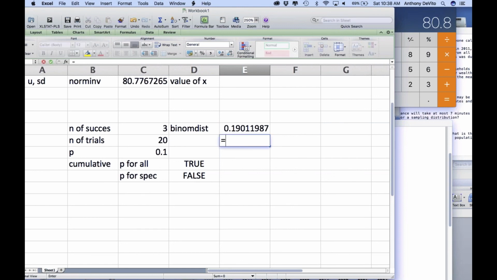Well, how about the probability for 3 or fewer people, including 3? The probability is going to be equal to a binom dist, just like before, parentheses. Number of successes is 3. That's what happened when we took our sample, 20, 0.1 as before, except this time I'm going to say true for cumulative. And it's going to give me the probability for 3, 2, 1, or 0. I'm going to hit enter, and it's 86%.